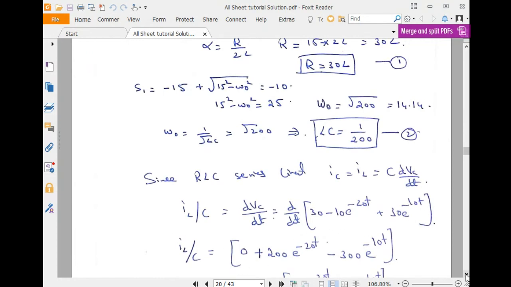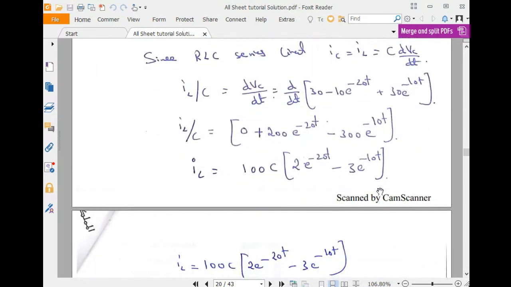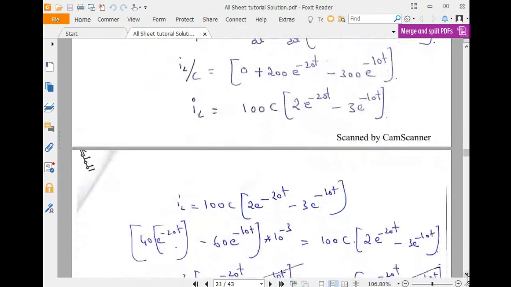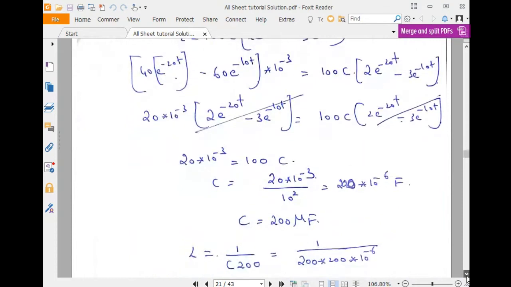After integration, IL equals this equation. Now substitute the value of IL, which is given in the question. VC is differentiated and IL substituted, and you will get the value of C.